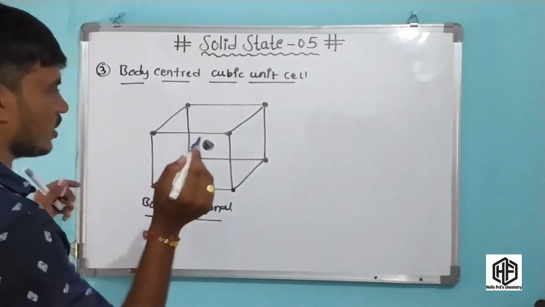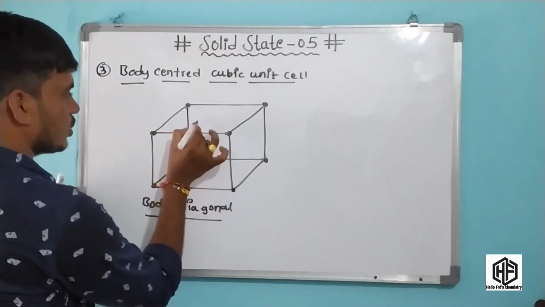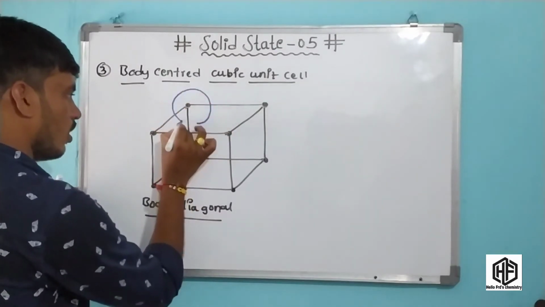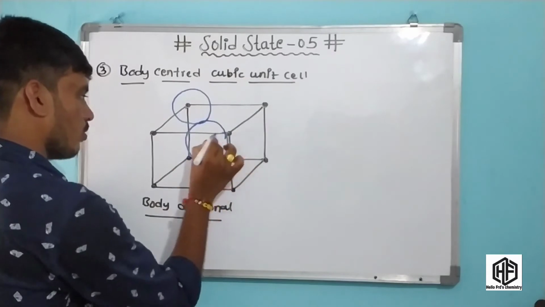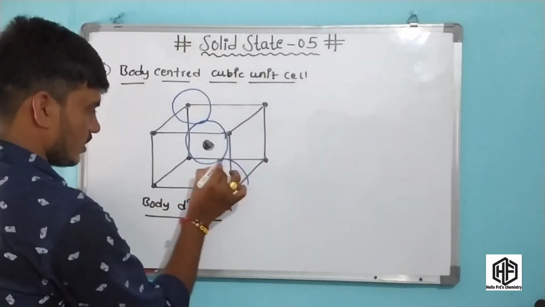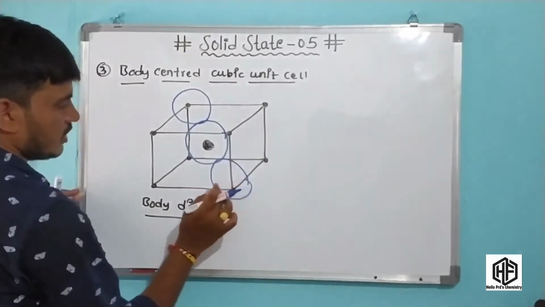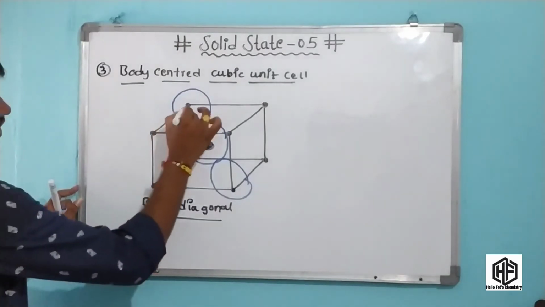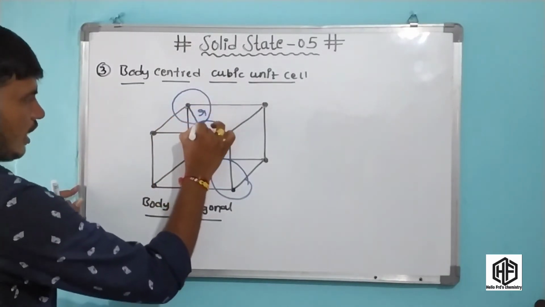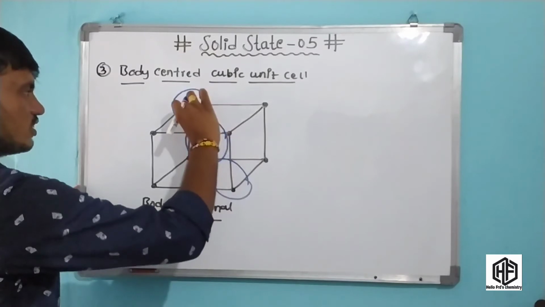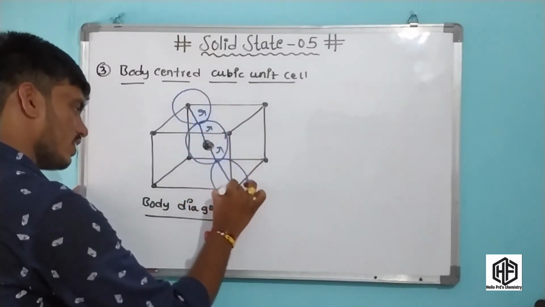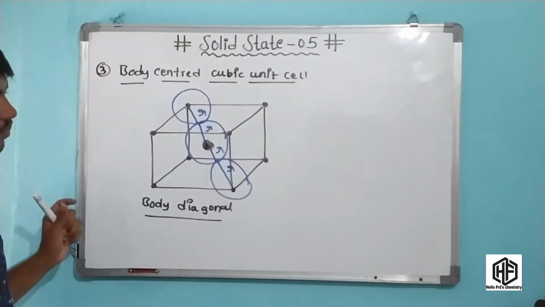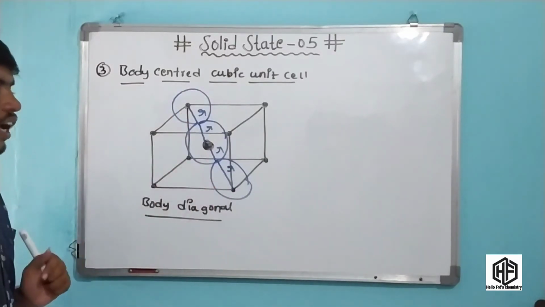This is the first atom, this is the body atom, and this is the other corner atom. This distance is r, and this is the radius of the atom. This is the body diagonal.